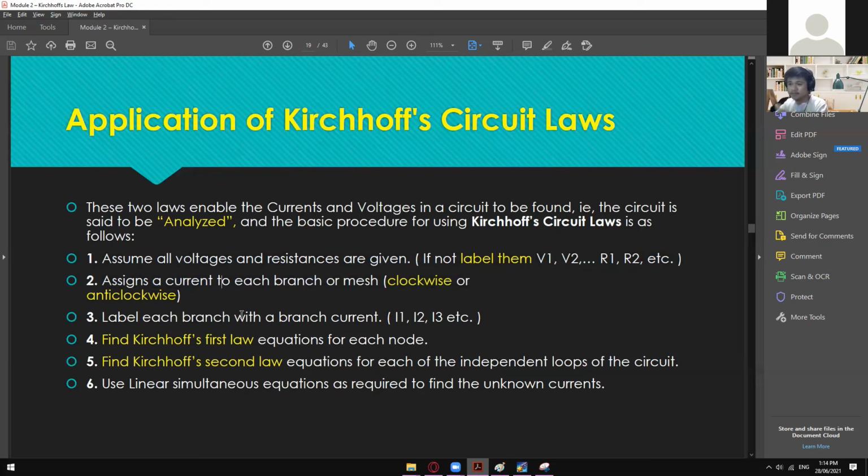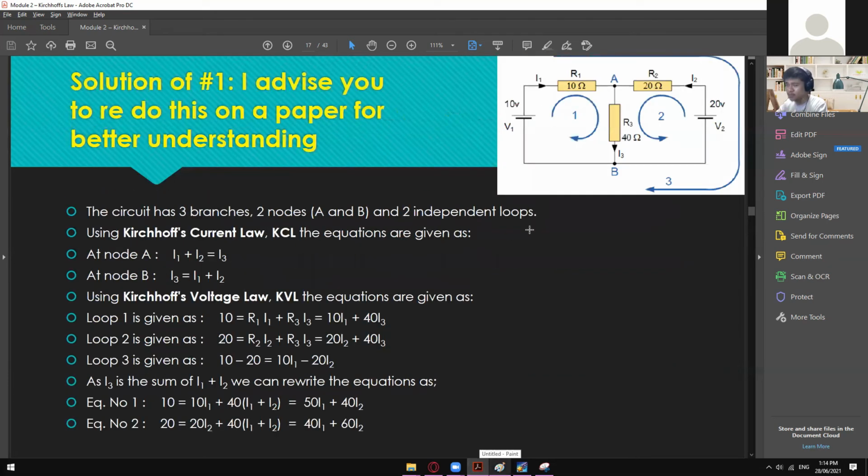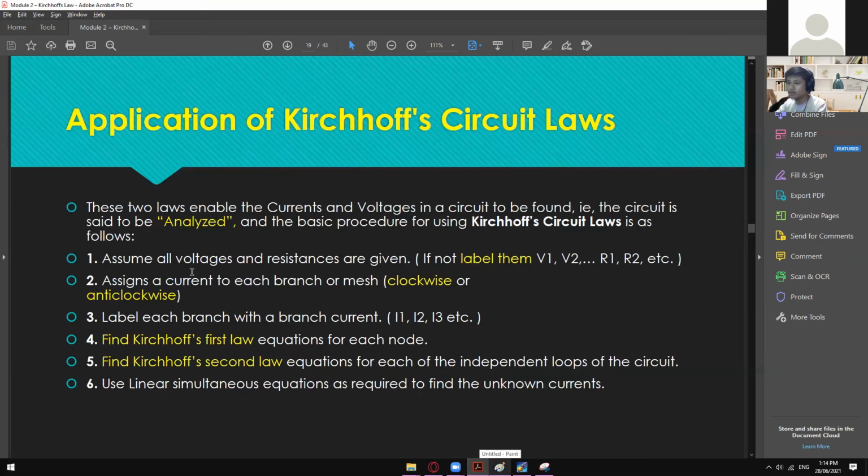In here, you just assume all voltages and resistances are given. If not, label them V1, V2, R1, and R2. But in our case, it's already given, so we don't need to do that. That is why we have already jumped onto number 2.